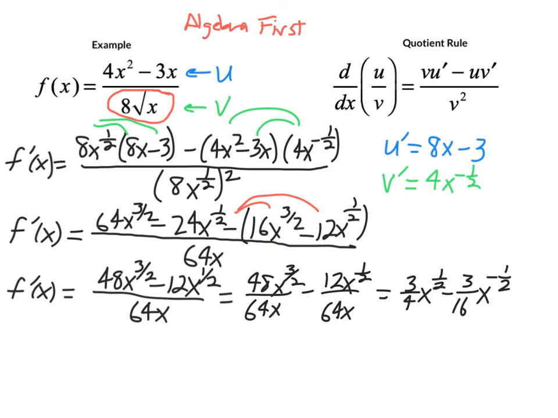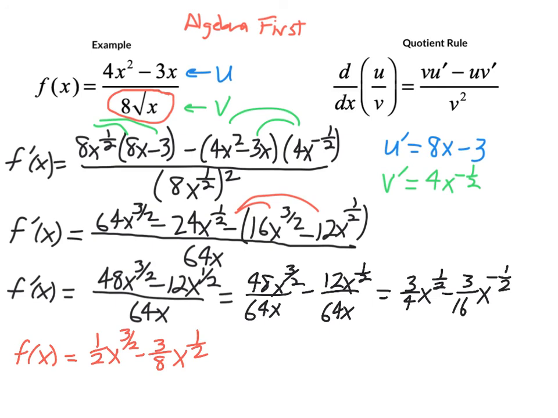So if I rewrite the function and divide through by 8x to the 1/2, I have 1/2 x to the 3/2 power minus 3/8 x to the 1/2.